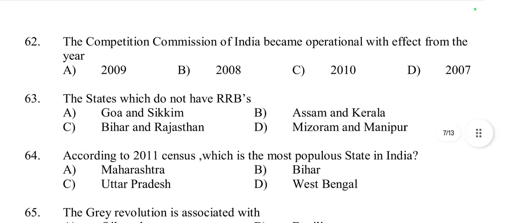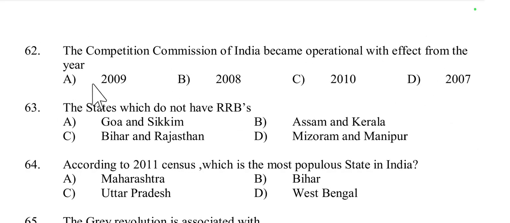Then question number 62. The Competition Commission of India became operational with effect from the year 2009. Though the Competition Commission of India was established in 2003, it became fully operational in 2009.